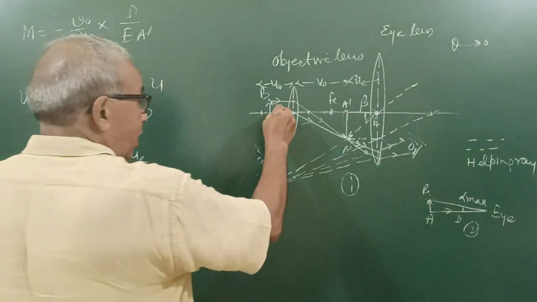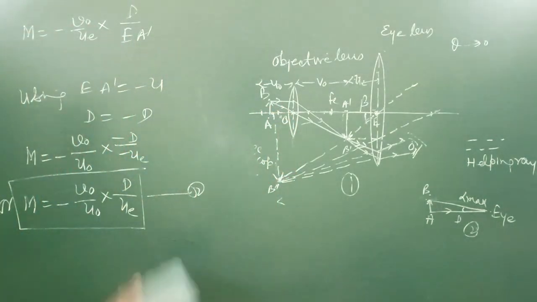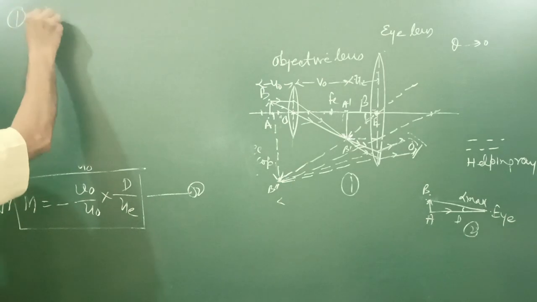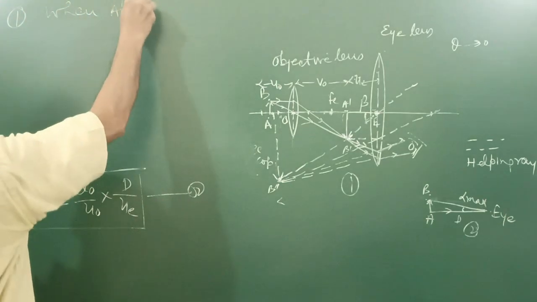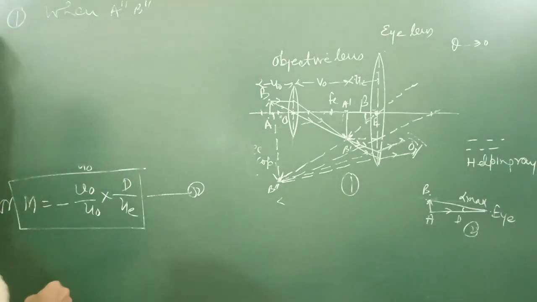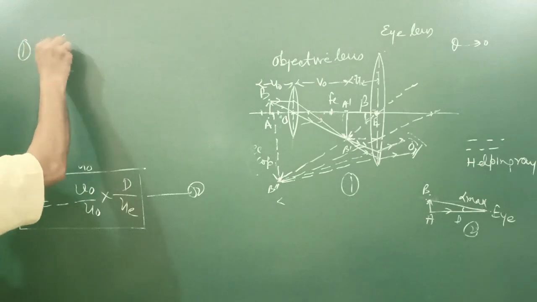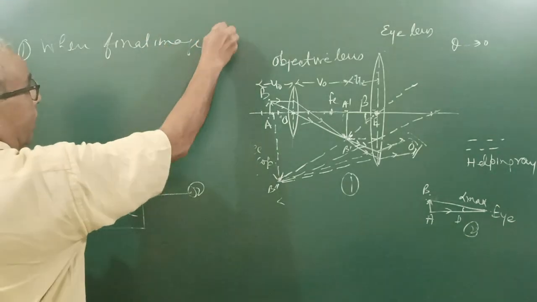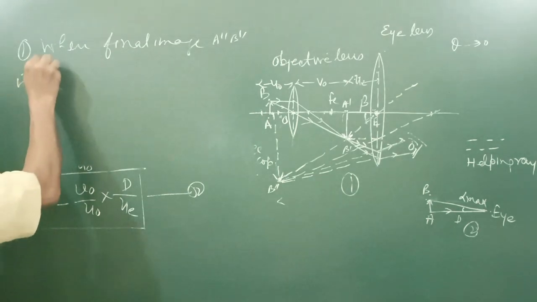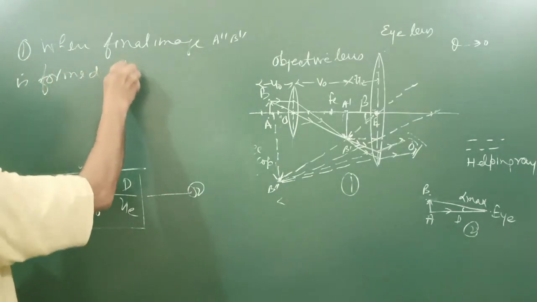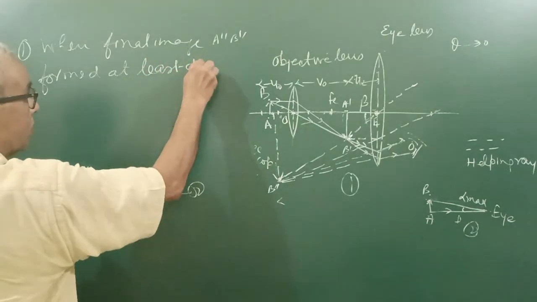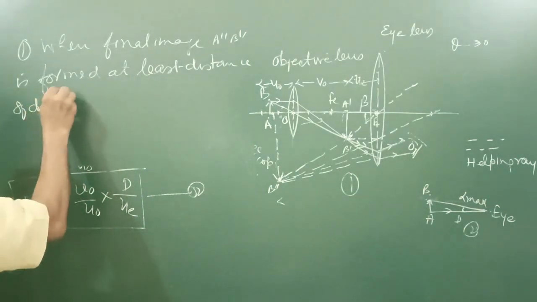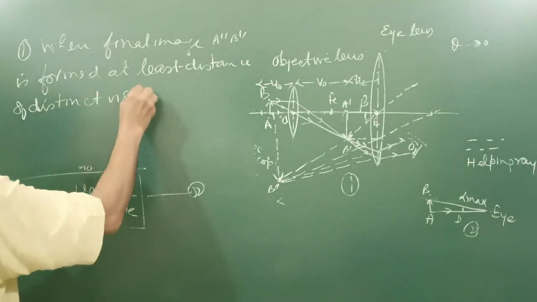So if image A double dash B double dash is formed at D, case number one: for maximum angle, when the final image A double dash B double dash is formed at the least distance of distinct vision from the eye.